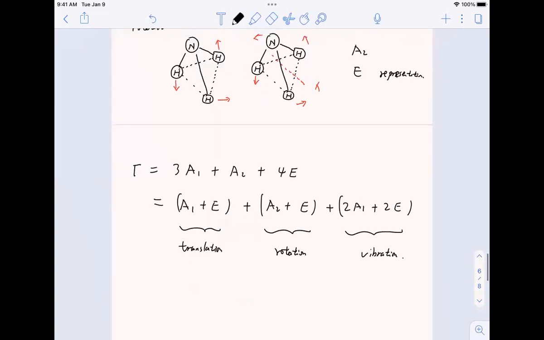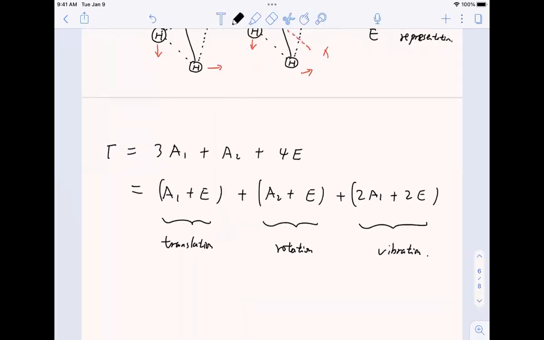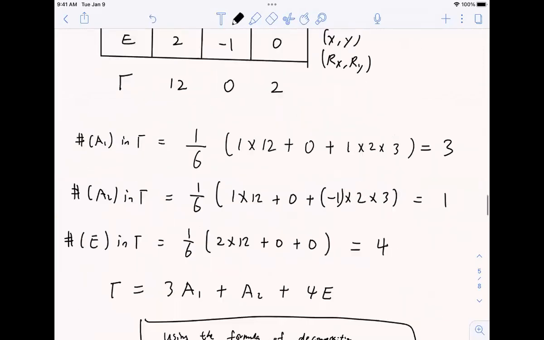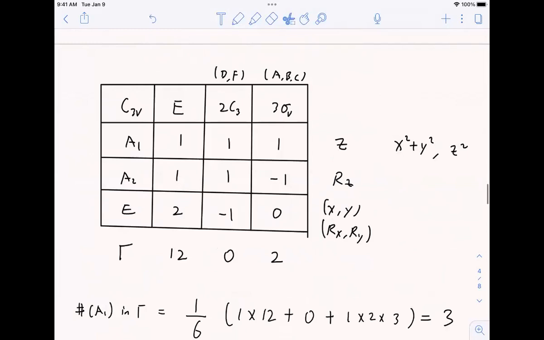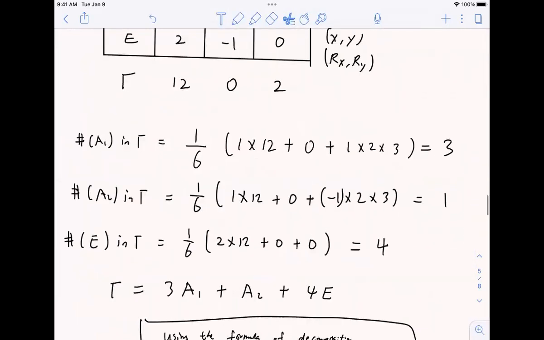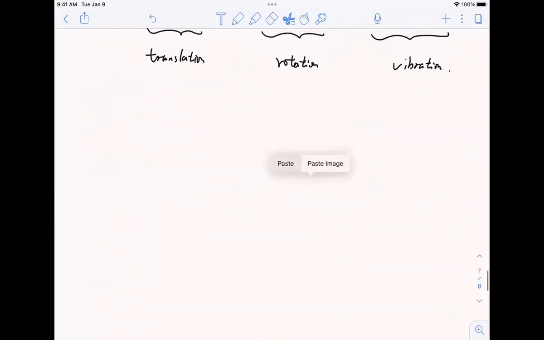Okay, how do we move from here? After you do that, you can go and have a look at the table to see the property of these vibrations.